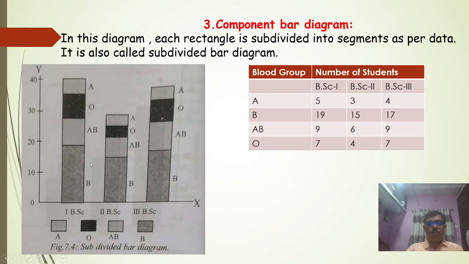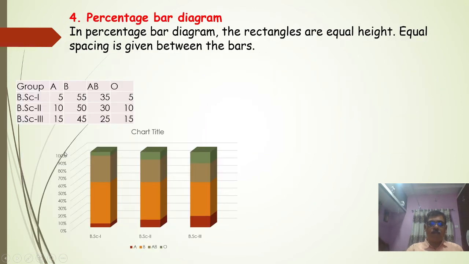Likewise, we are showing the data of BSc part 1, BSc part 2, and BSc final. So each bar is divided into 4 components, or 4 segments, to represent the data, showing how the numbers are divided. In this way the component bar diagram is shown.